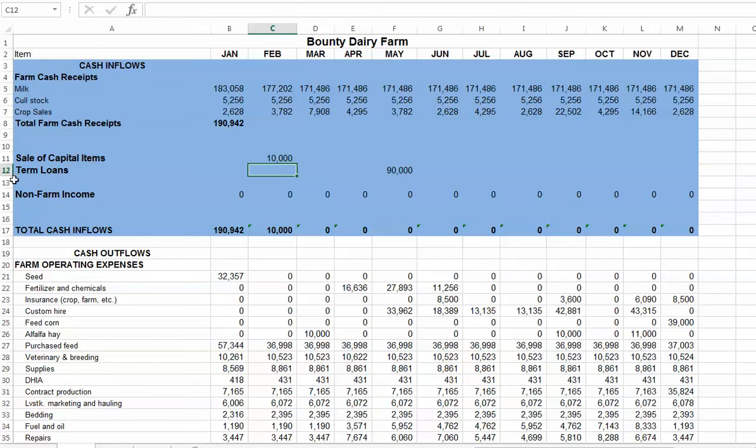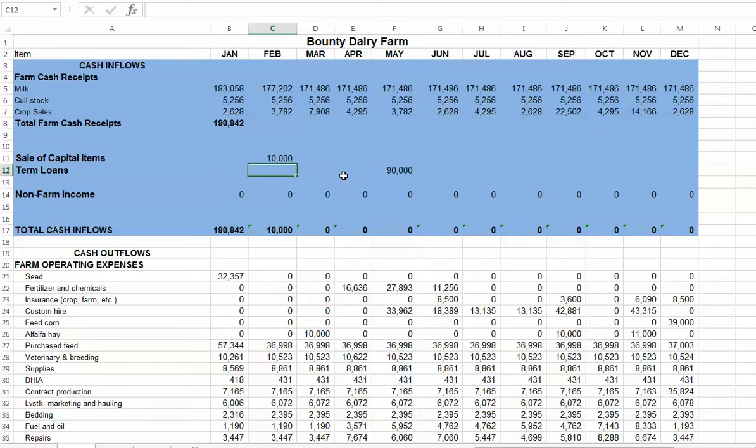All right. Term loans. In this cash flow, we're going to assume that this farm bought $110,000 worth of machinery or equipment or livestock or something, doesn't matter, but they're going to take out a term loan. In other words, they're going to finance that over 5-7 years. Well, let's say of that 110,000 that they borrowed 90,000 from the bank.